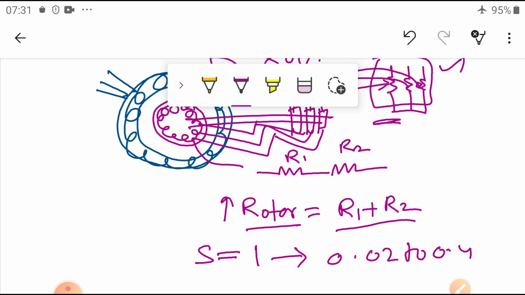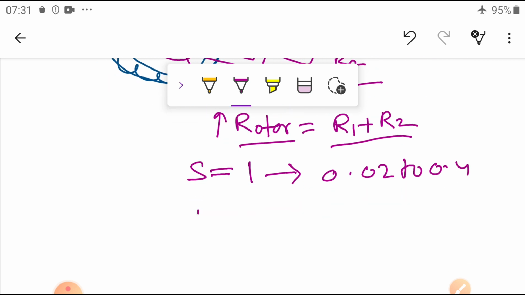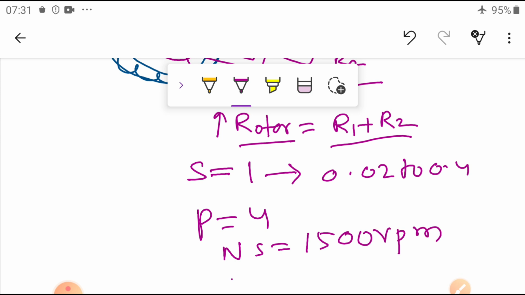That means the rotor speed: for example, for a 4-pole machine, NS is equal to 1500 RPM, and the normal rotor speed is 1440 RPM. Let us assume that.